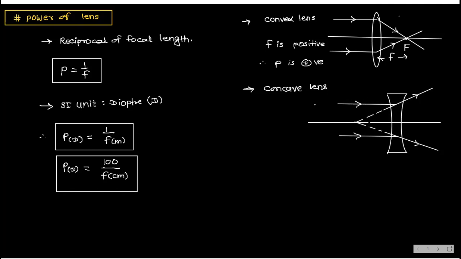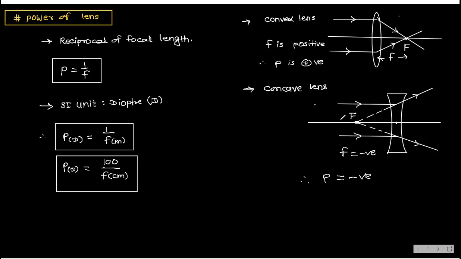So your focus is this side, which is against the light direction. So this focal length is negative, and therefore power for concave lens is negative.